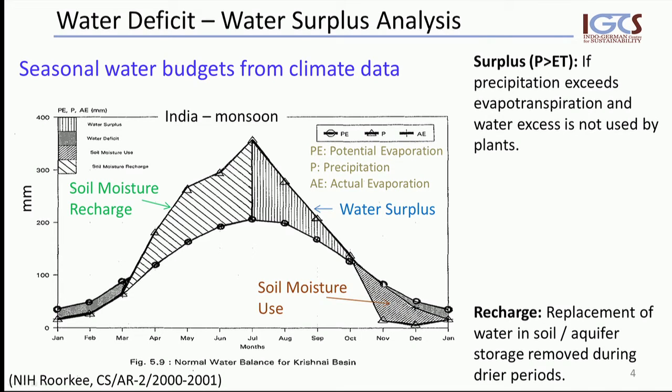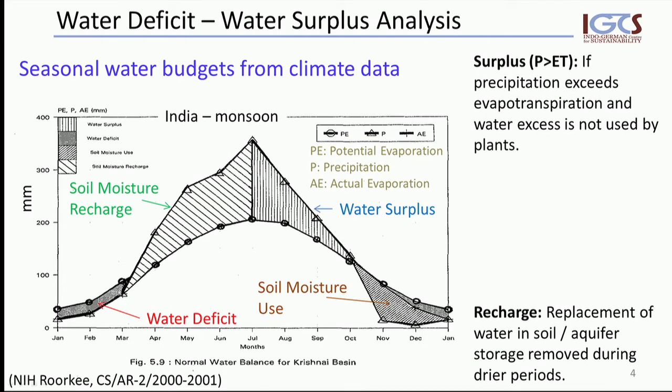And this is where our vegetation, from this point onwards, will start to use and survive on our soil moisture contents, up to the point where the soil moisture will be used up completely by our plant activity and by our evaporation processes, and at that point we speak of a water deficit.